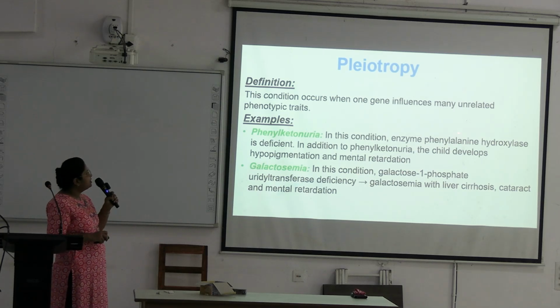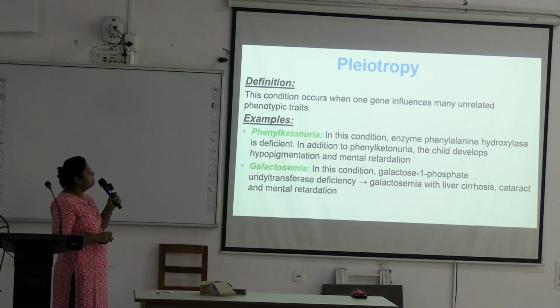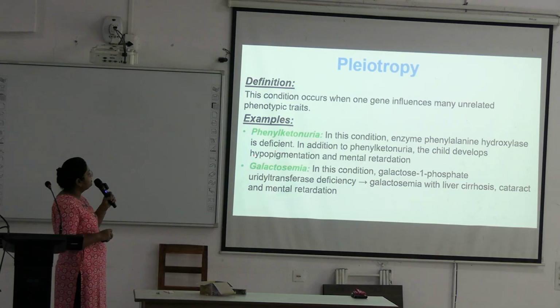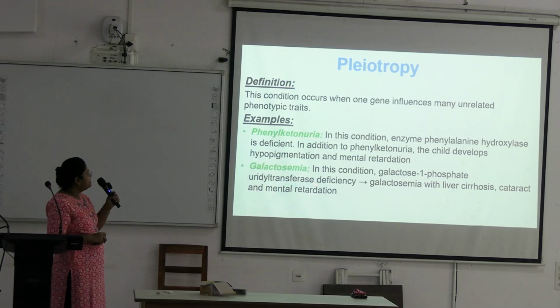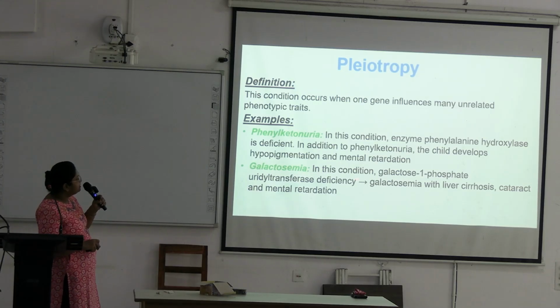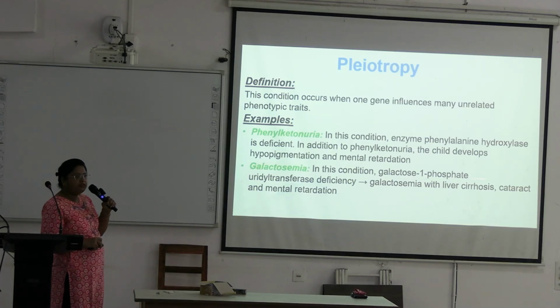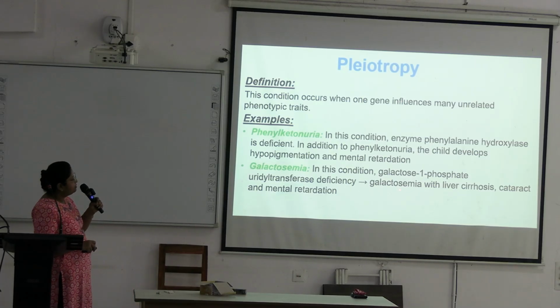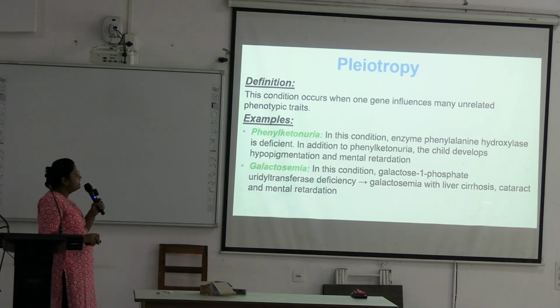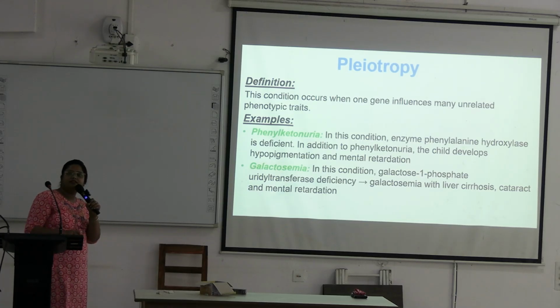In phenylketonuria, the enzyme phenylalanine hydroxylase is deficient, and in addition, the child develops hypopigmentation and mental retardation. And in galactosemia, galactose 1 phosphate uridyl transferase deficiency will lead to galactosemia with liver cirrhosis, cataract, and mental retardation. Okay.